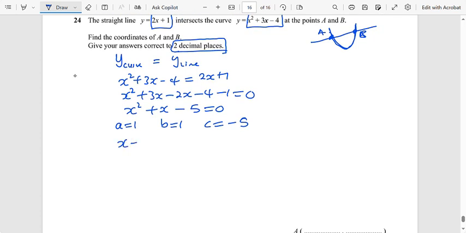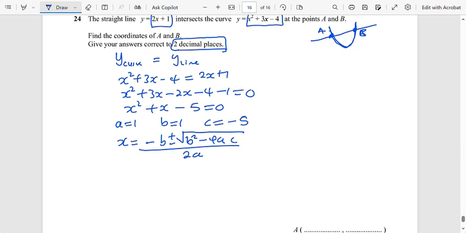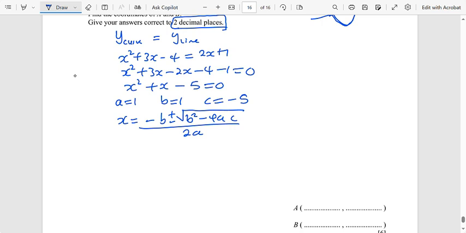So x is equal to minus b plus or minus the square root of b squared minus 4ac all over 2a, where a is the coefficient of x squared, which is 1, b is the coefficient of x, which is also 1, and c is the constant, which is negative 5.